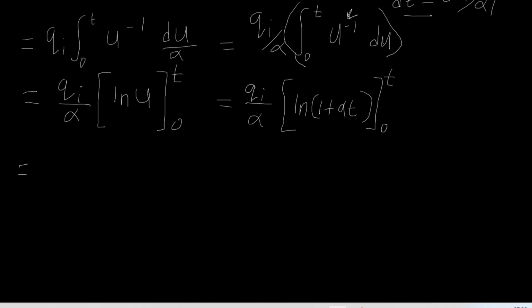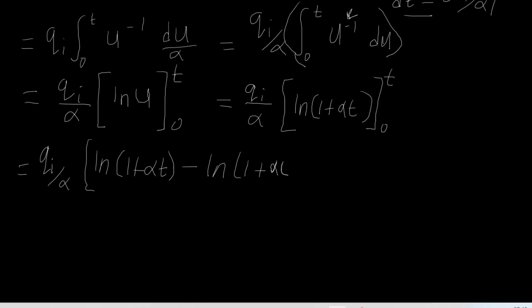We have qi over alpha multiplying the natural log of 1 plus alpha t, minus the natural log of 1 plus alpha times 0, close brackets.